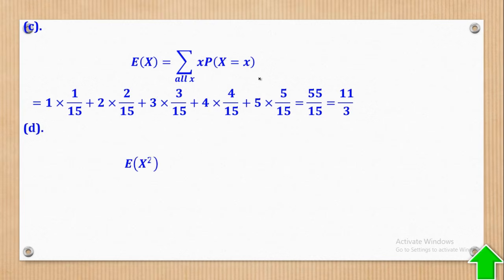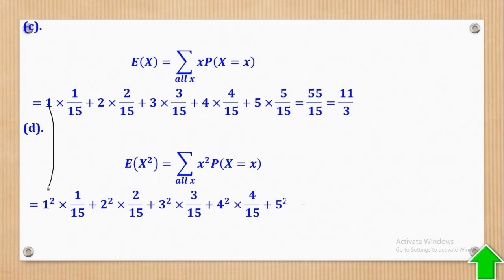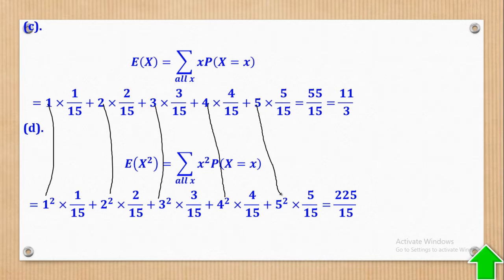Now part D, they wanted the variance, but for you to get the variance, you have to first get the E(x squared). So E(x squared), like I said, what is here is what is multiplied by the probability. So I'll multiply 1 squared with its corresponding probability, 2 squared with its corresponding probability, 3 squared, 4 squared, and 5 squared with their corresponding probabilities.